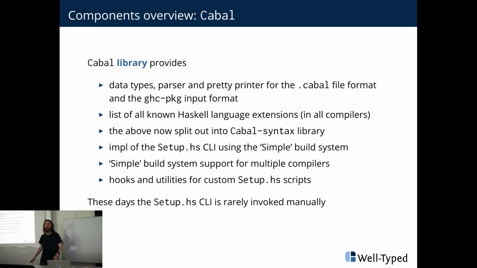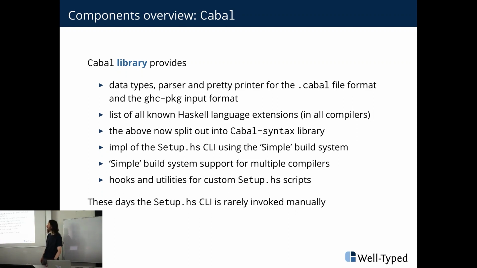So all of the language extensions from all of the Haskell compilers are kept in the Cabal library, which is one reason why when new language extensions are added in GHC, they also have to get updated in the Cabal library, which has sometimes lagged. Obviously, 20 years later, GHC is the only one still standing, and it has a list of language extensions that goes on for pages.